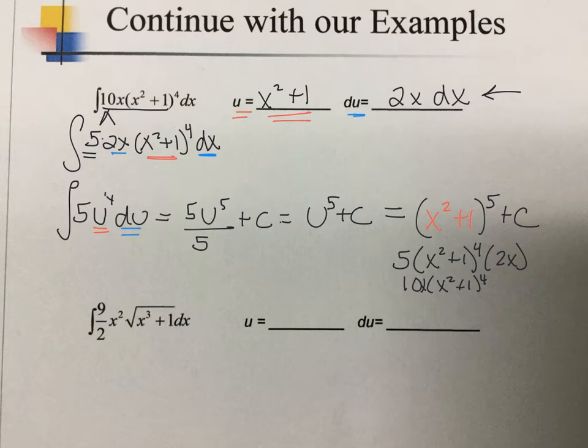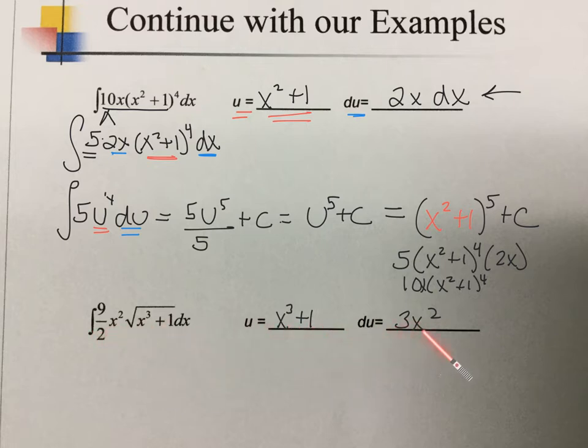So let's take our next one. Again, we already identified u as x to the third plus 1, and our du should be 3x squared. Now our job is to identify these within the integral. Does it have the u? Well, we figured that out from there.